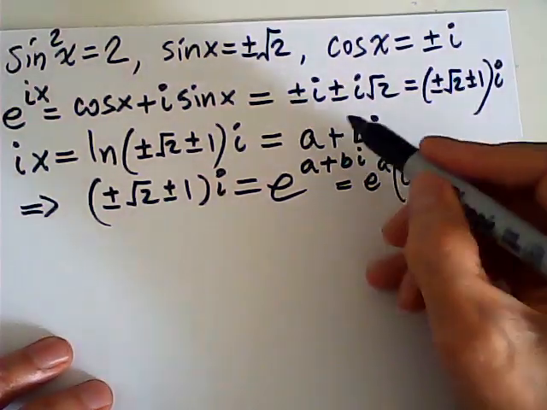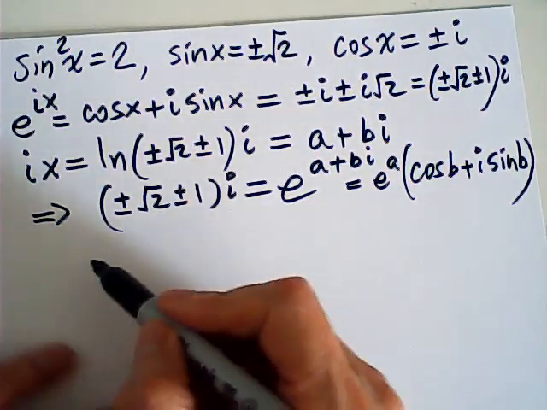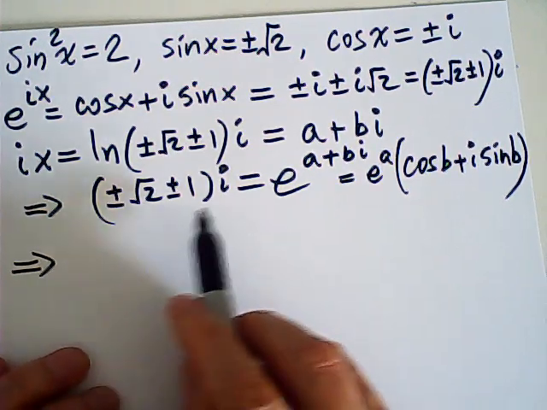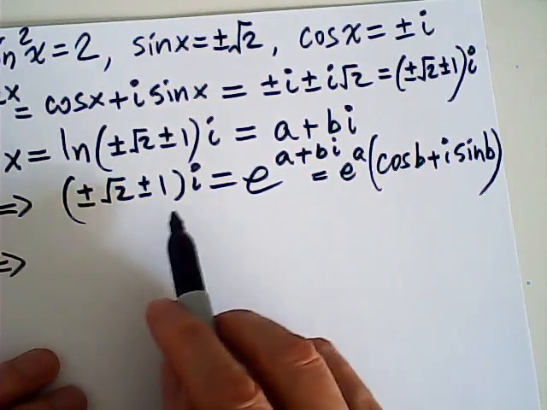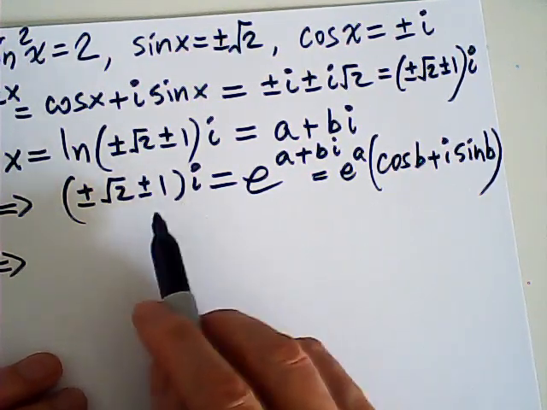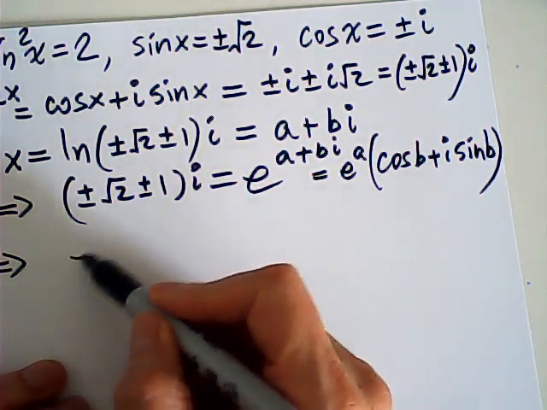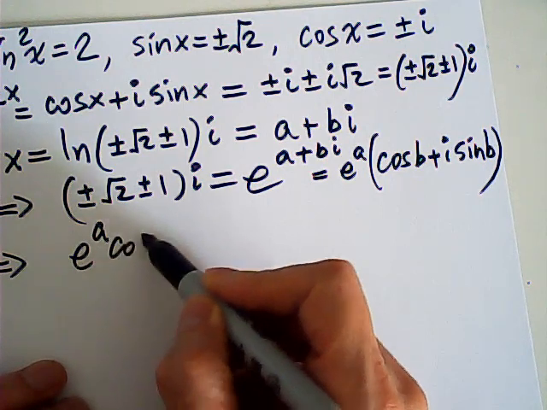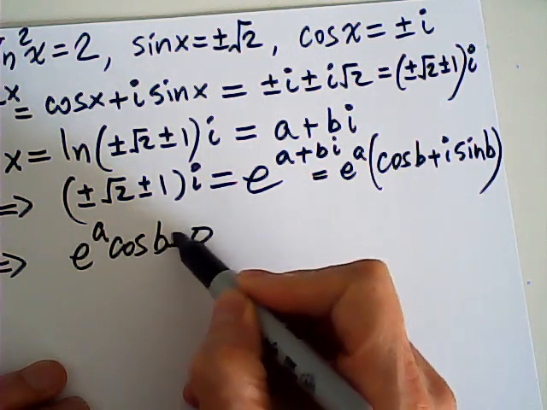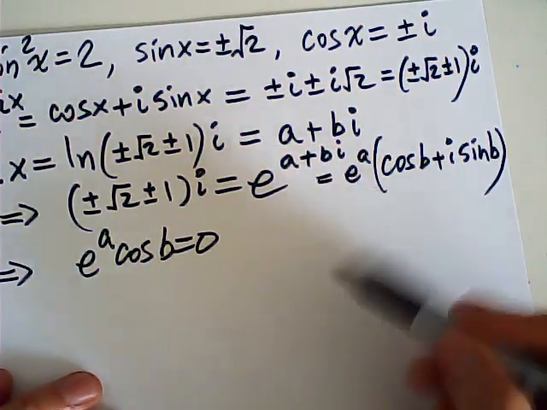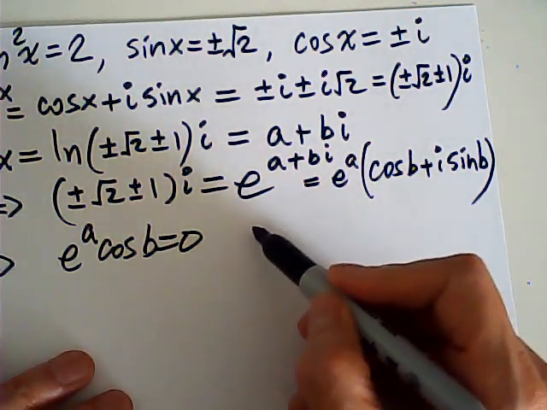Very good. Now, since the left-hand side is a pure imaginary number, it has no real part, therefore e to the power a times cosine b must be 0. See, this real part must be 0, right?